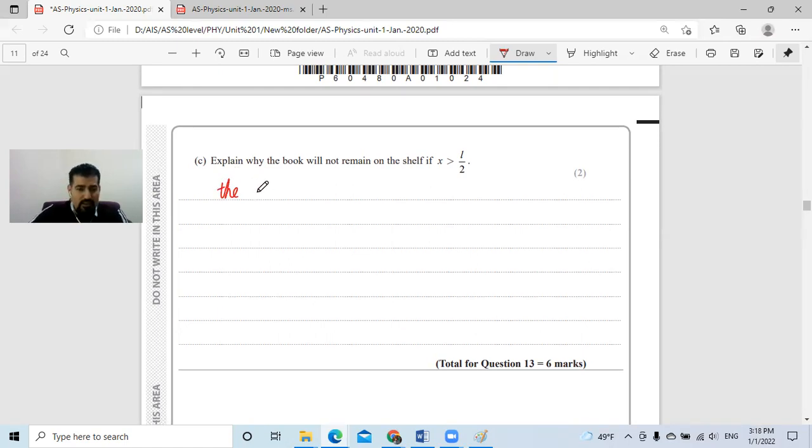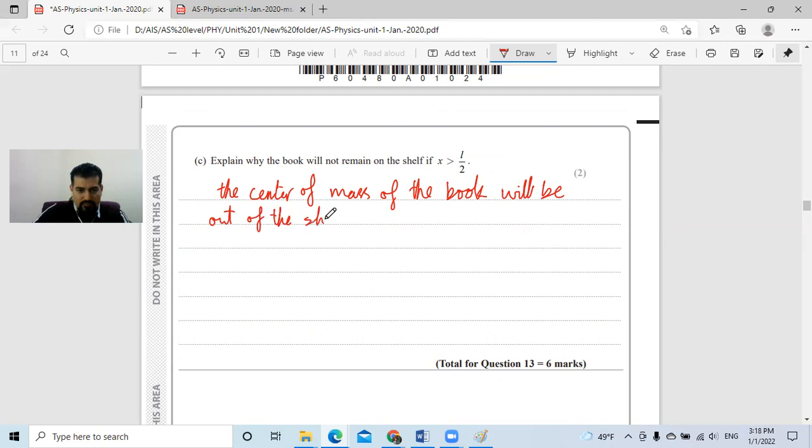The center of mass of the book will be out of the shelf.